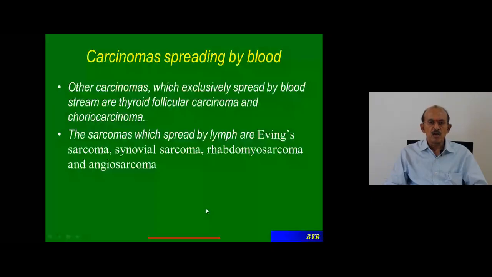Similarly, sarcomas have great predilection for spreading by bloodstream, but a few sarcomas spread by lymphatics. They are Ewing sarcoma, synovial sarcoma, rhabdomyosarcoma, and angiosarcoma. These sarcomas have a predilection to spread by lymph stream. But the majority of sarcomas have a predilection for hematogenous spread.